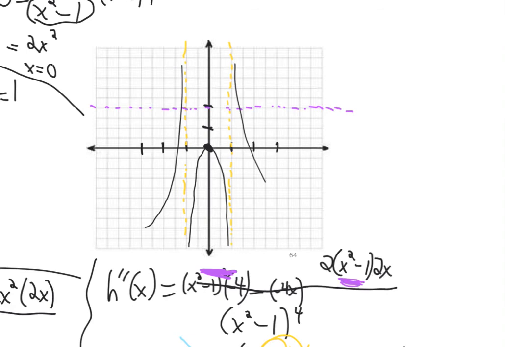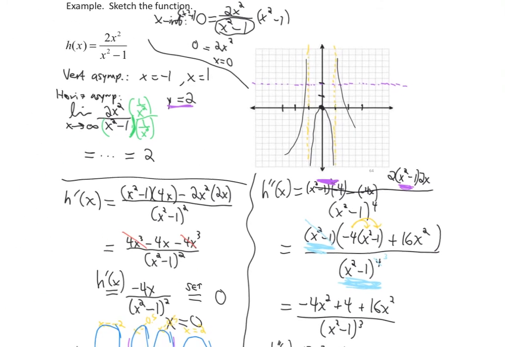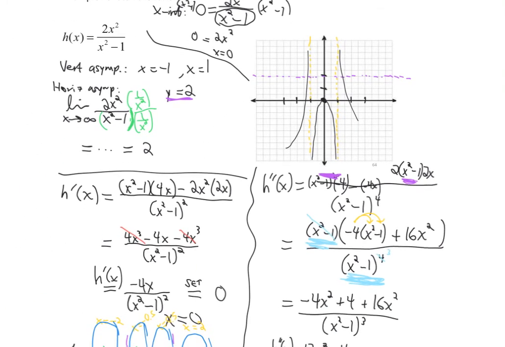Now this graph is pretty bad because it's not using the fact that we have horizontal asymptotes. So I need to go back and see what other information I have. So we have a horizontal asymptote at y equals 2, and we have our one y-intercept.